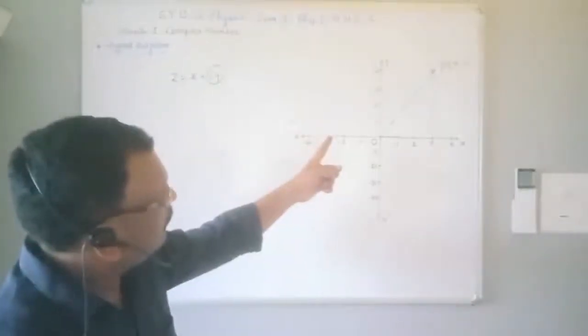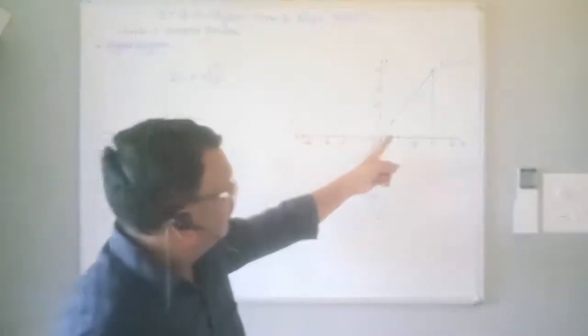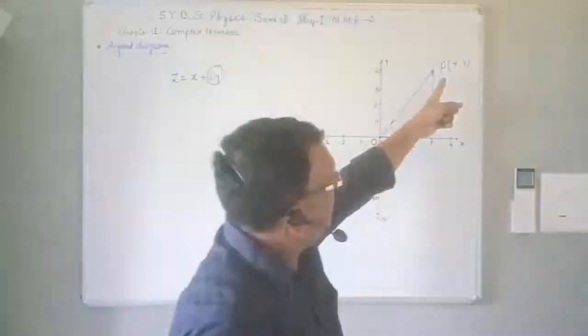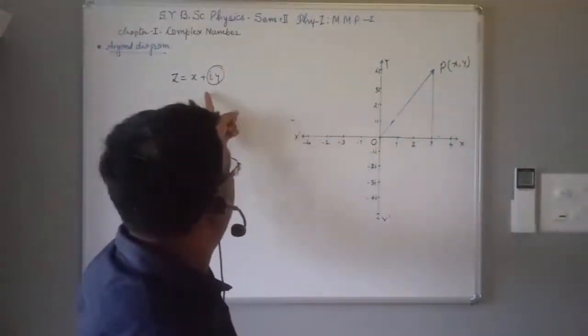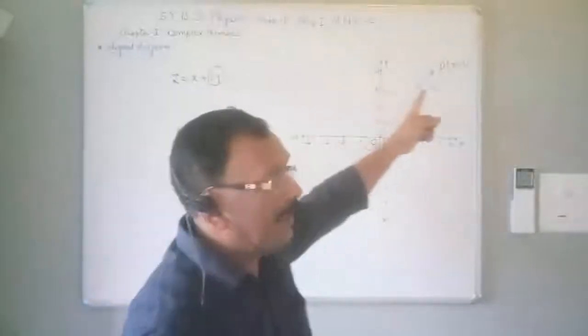Here, see here, point P represents the complex number on this Argand diagram.